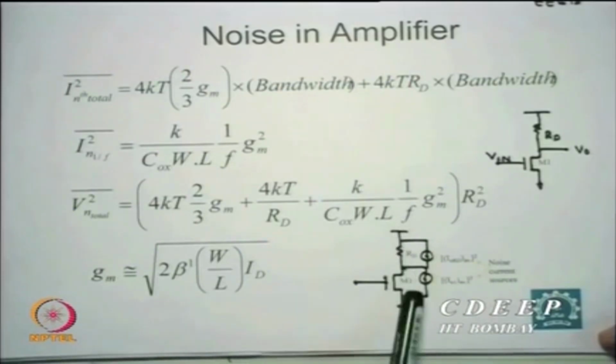These two current sources are available with each device and resistor. So as many devices or resistors as you have, that many noise current sources are available, and noise currents multiplied by resistors give you noise outputs. So the larger the i_n squares, or equivalently v_n's, the larger the noise outputs.